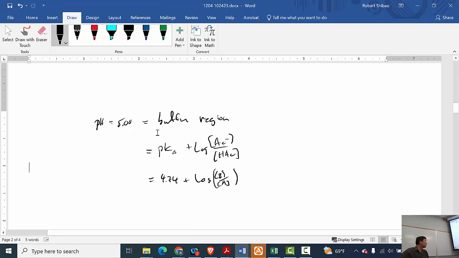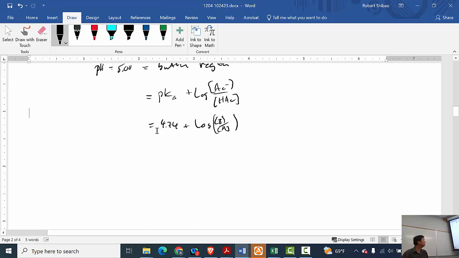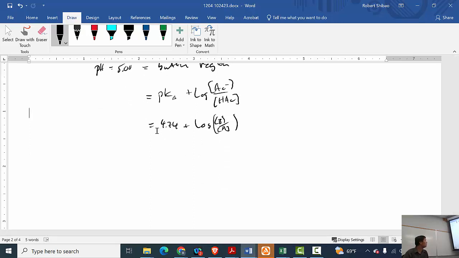They have to be conjugates. And so we're going to subtract the pKa from both sides. This is going to give us 0.26. Where did you get the 4.75? That's the pKa given.